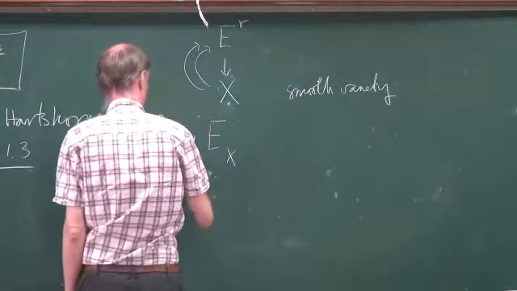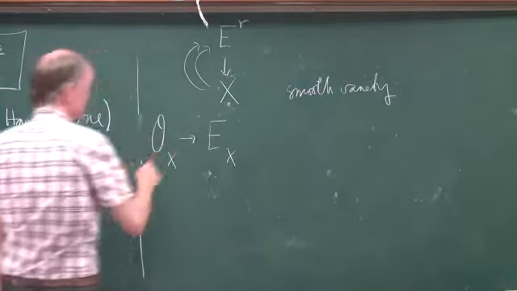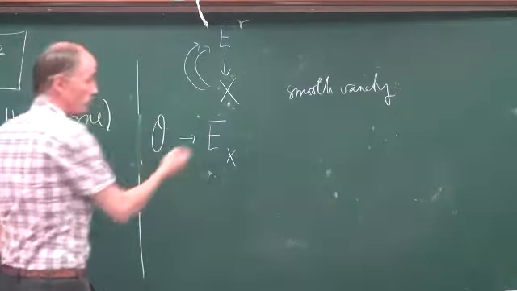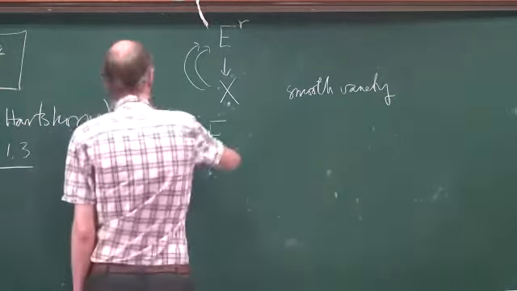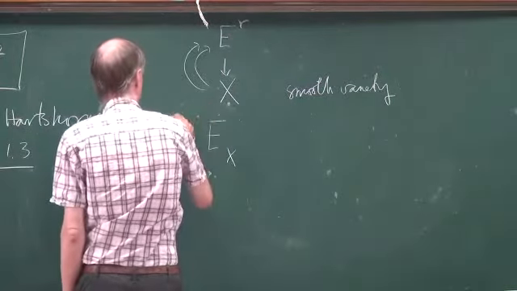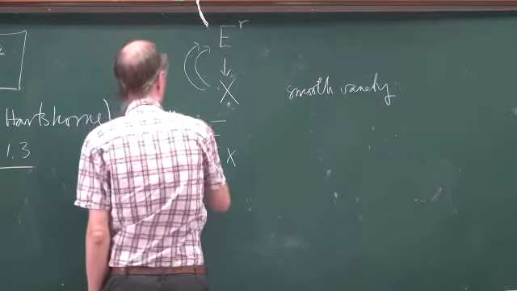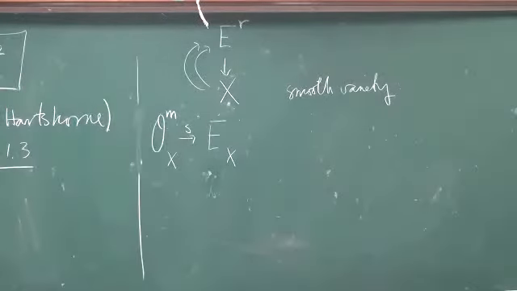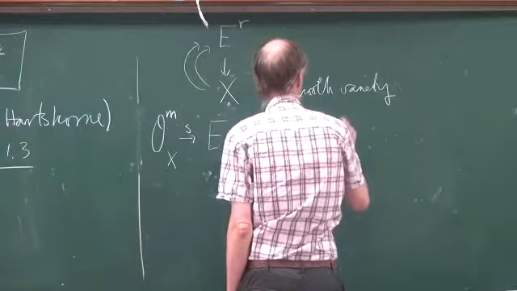Each section is a map of the structure sheaf into E, and say you have plenty of those. So say E has rank r, and you have now m sections, with some m less than or equal to r.